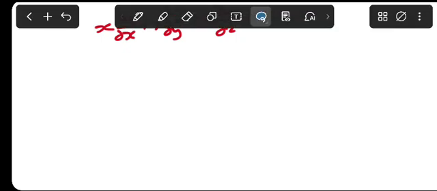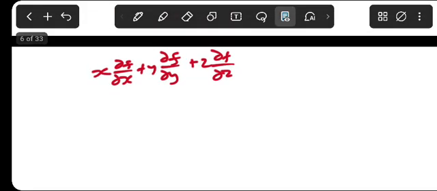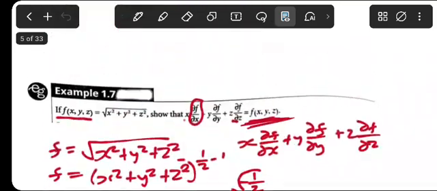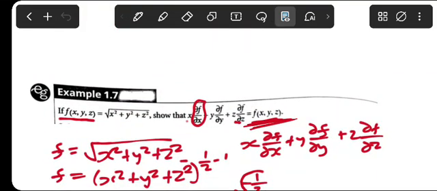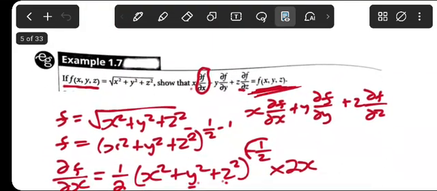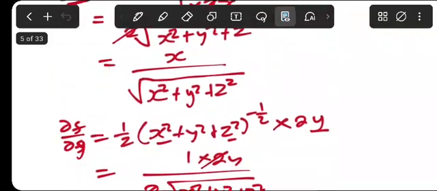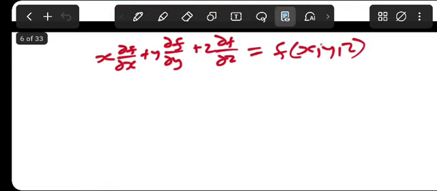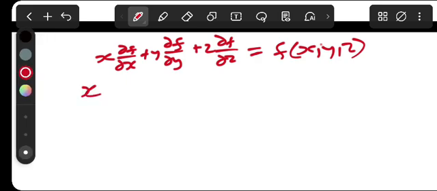Then they said that if we prove this, it is supposed to equal f of x, y, z. Let's check there. Yes, it is supposed to be equal to f of x, y, z. So as you can see, guys, you've seen the process. This is what we'll have: x over the square root, and so on. We know that here we'll have x multiplied.